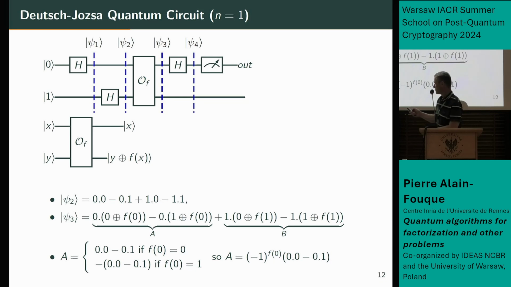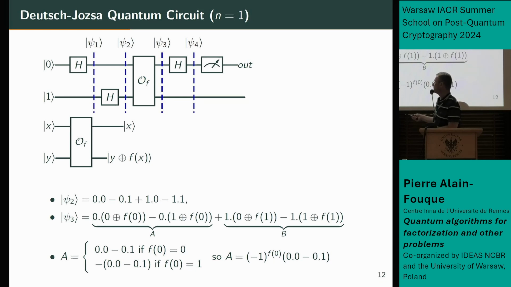Okay, so let me try to factorize the output, because it's a little bit long. I can do this using some elegant way. If I look more closely at this term, it's a sum of 2, and if the value f of 0 is 0, I will get |0,0⟩ for the first, and here I will get minus |0,1⟩.